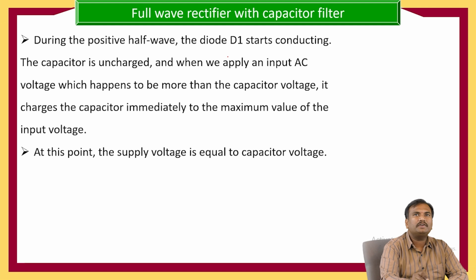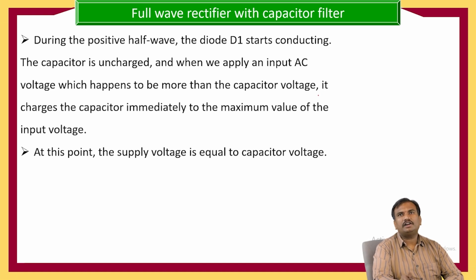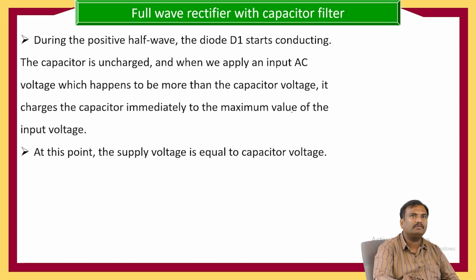During the positive half cycle, the diode D1 starts conducting. The capacitor is uncharged. When we apply an input AC voltage, which happens to be more than the capacitor voltage, it charges the capacitor immediately to the maximum value of input voltage.